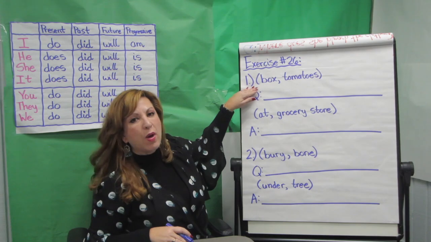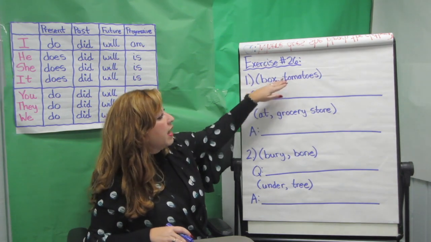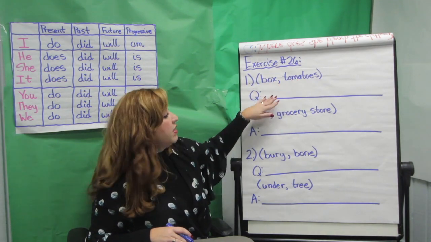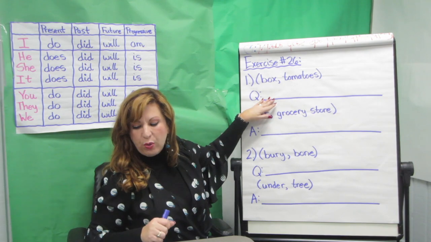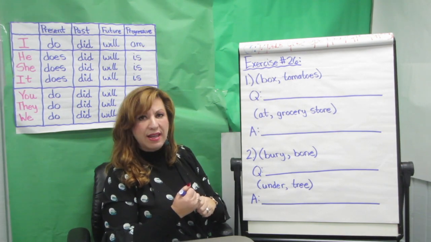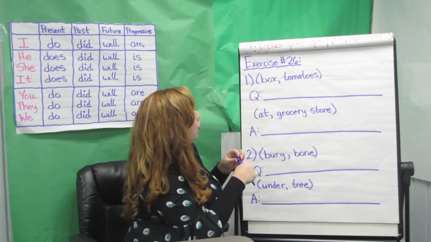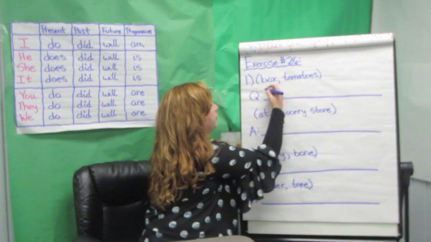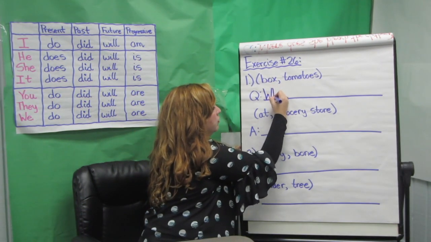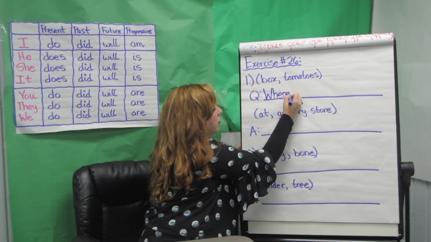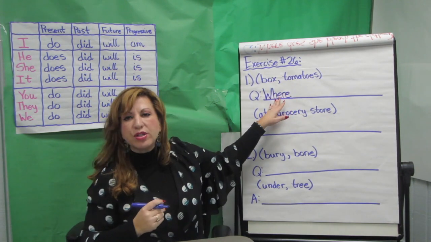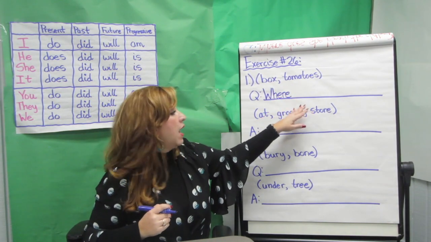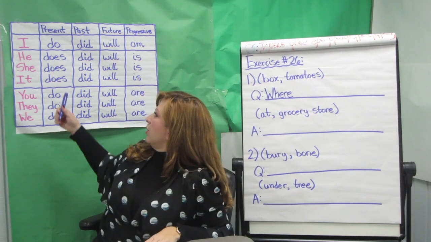So, number one is box and tomatoes. For this example, as in your book, we're going to use the pronoun he. So we're going to begin with our question word, where. Because I'm going to use the pronoun he, I'm going to use does.